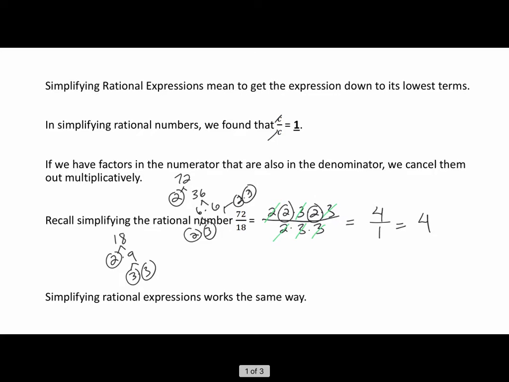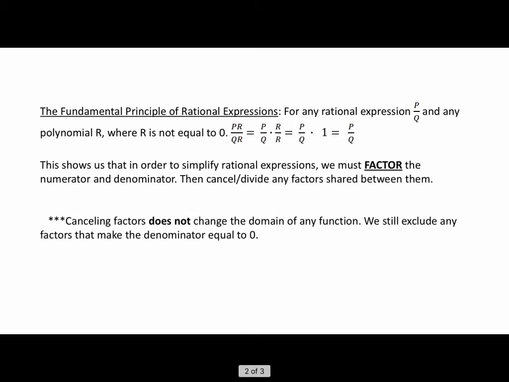And we're going to simplify rational expressions the exact same way. And that is using a fundamental principle of rational expressions. For any rational expression, p over q, and any polynomial r, where r is not equal to 0, then p times r over q times r, we can separate that into p over q times r over r, which is going to cancel out those factors, leaving just p over q times 1, or p over q.